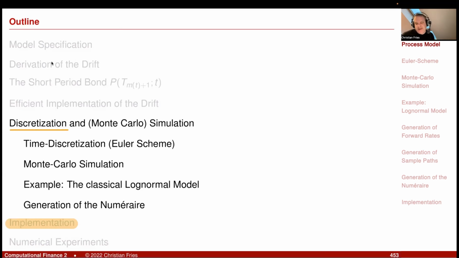But here, discretization refers to the discretization of the simulation time. So this means I observe my forward rate Li just on a time discretization Tj.